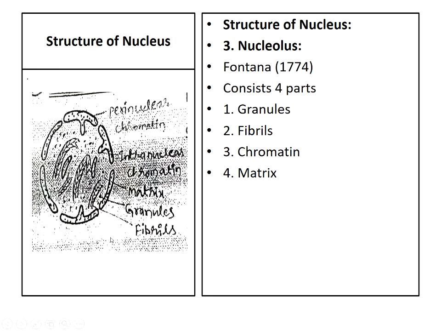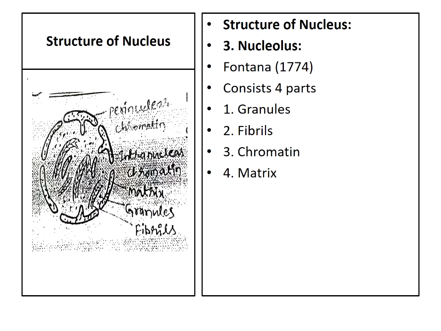In the diagram you might observe the presence of granules, that is dot like structures called granules. Next, the thread like fibrils, and also chromatin. Here we are going to observe two types of chromatin, that is perinuclear chromatin and intranuclear chromatin, and the last part is the matrix.